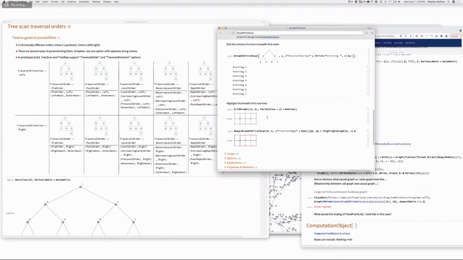But the issue, okay, so let me just understand. The issue that I've been obsessing about in the case of multi-way computation is that the composition of functions is no longer straightforward.